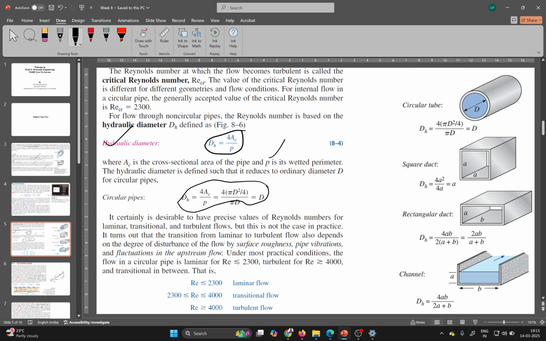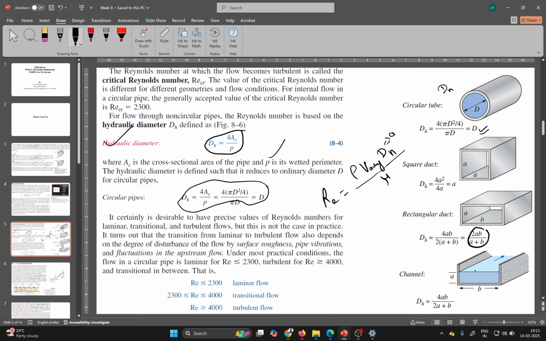So actually, if you write the formula for Reynolds number, it is rho times V average times Dh, where Dh means hydraulic diameter, divided by mu, the dynamic viscosity. For circular pipe your Dh will be D. For other shapes, for a square duct your Dh will be A. For rectangular your Dh value will be this.